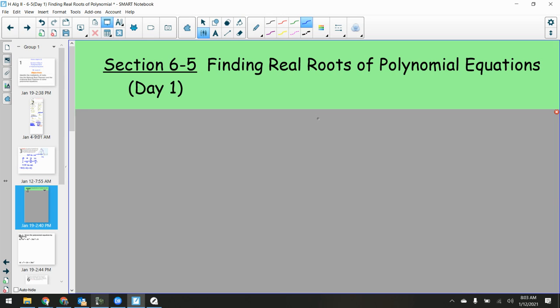So what we're doing now, in the next couple of sections, is finding ways to solve for the roots. And this is going to tie right in from yesterday, because what we're going to do today is factoring and using our graph to find the roots of polynomial equations.